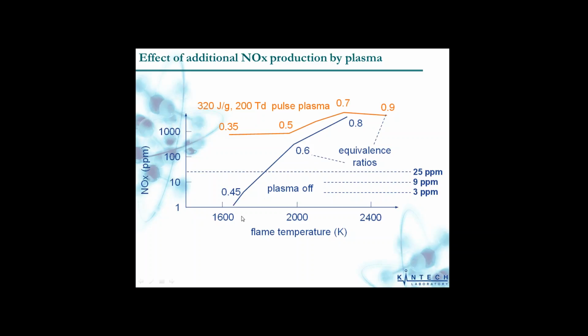Without plasma, the blue line, when we are working in the lean condition, it's a very good condition when the NOx concentration is very low and appropriate for the turbine. With an increase of the stoichiometry and the adiabatic temperature, the concentration of NOx grows very rapidly.